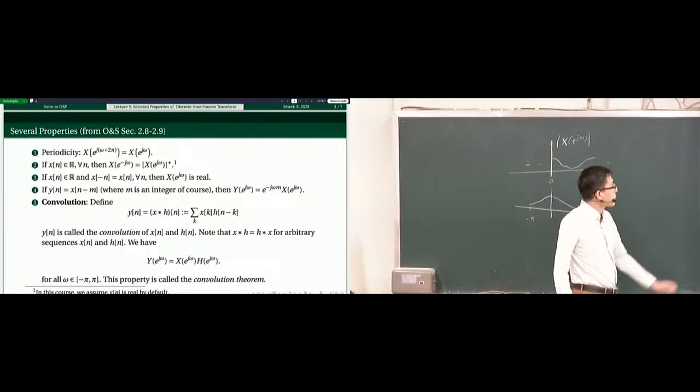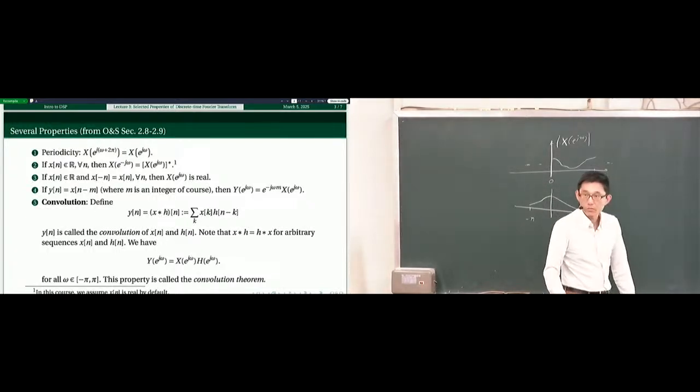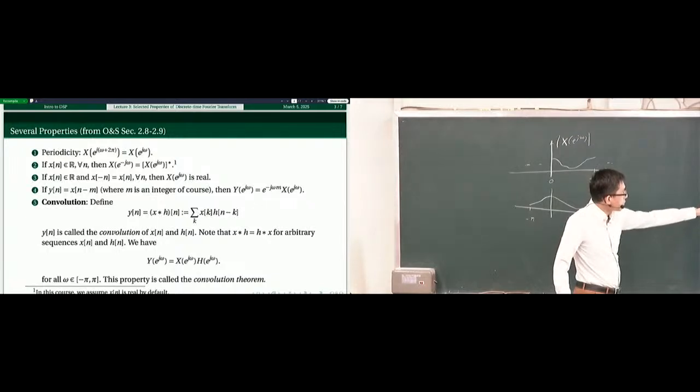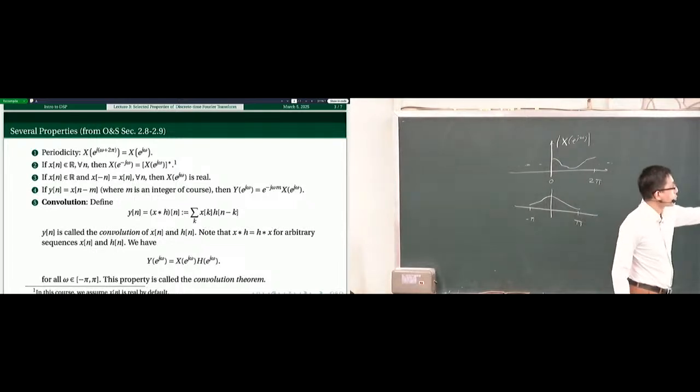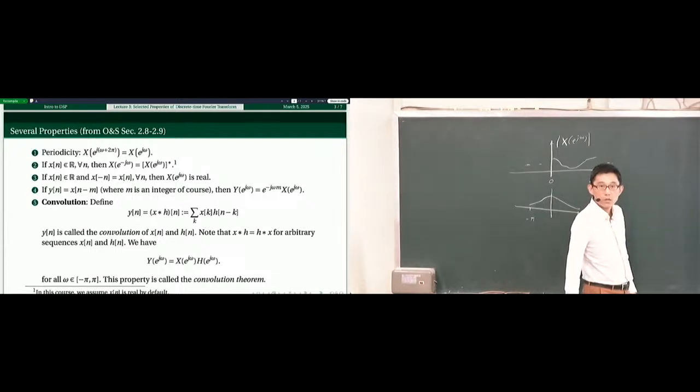Unless we emphasize that this time x[n] is a complex number. Otherwise, if x[n] is real to begin with for all n, then we have this symmetry property. Number 2 and number 3 are both symmetry properties, 是对称性的, about symmetry.